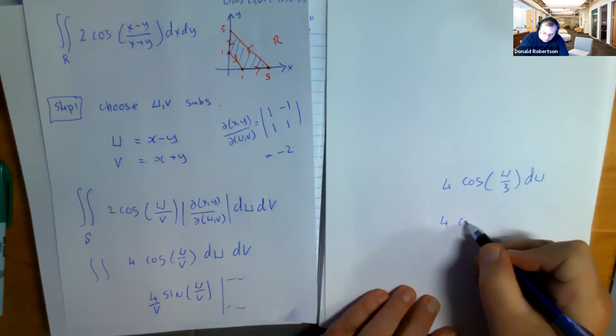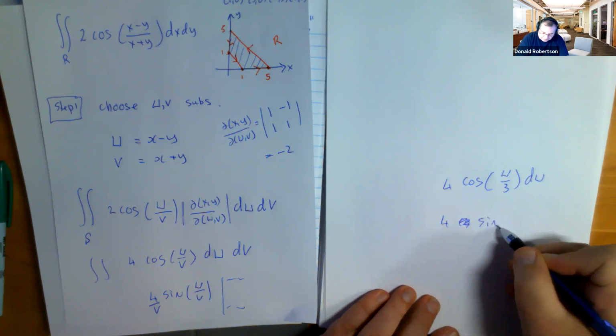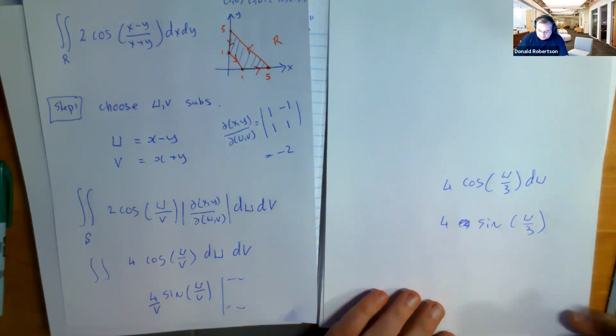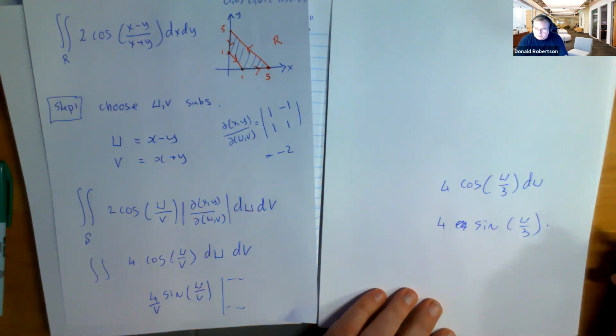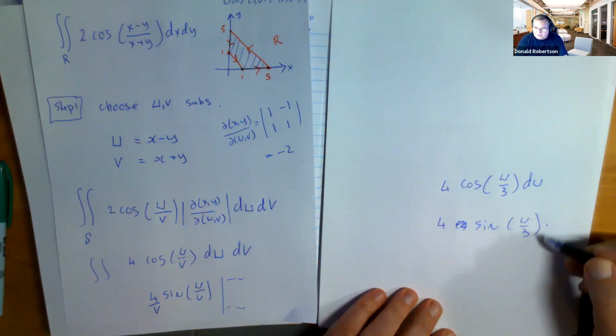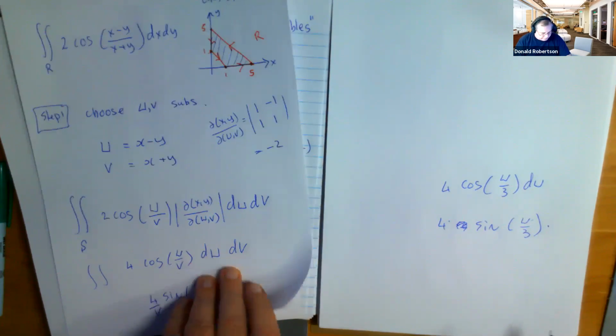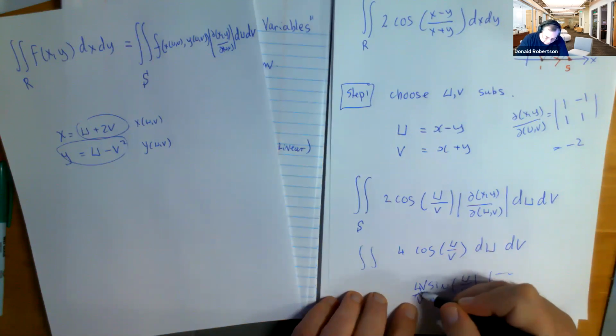Then I'd get 4 sine u over 3. And then what would I multiply by? Isn't u over 3 a third? Oh God. Ah, you're right. Okay.